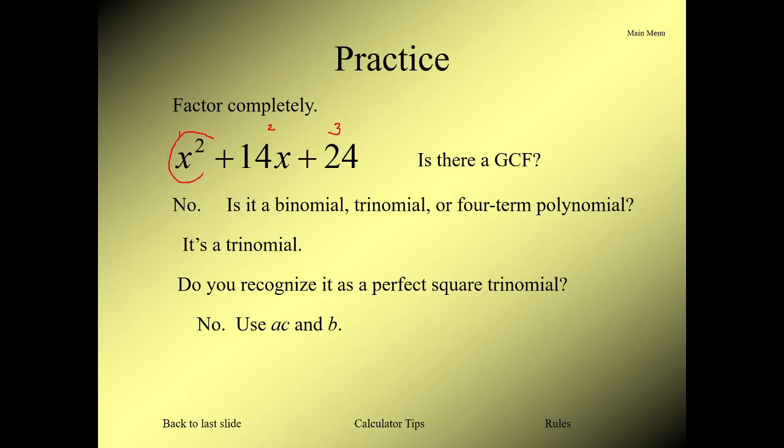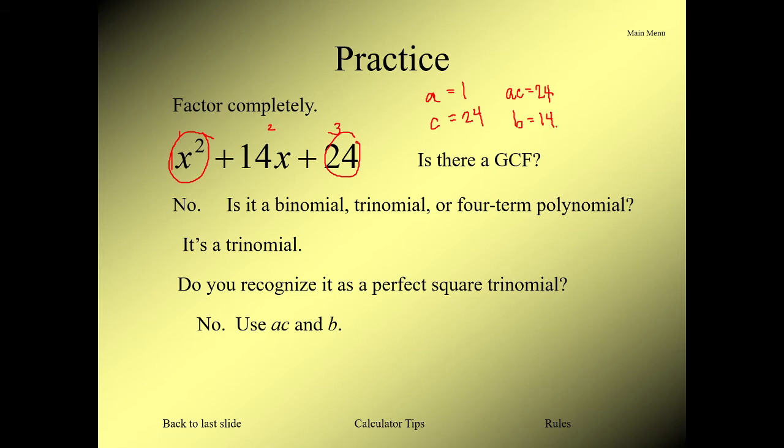A and C. So your A is 1, right? A is 1 because there is no coefficient here, it's just x squared. So obviously that's 1. Your C is 24. So you multiply A and C, that's 24, right? AC is equal to 24. B is 14.